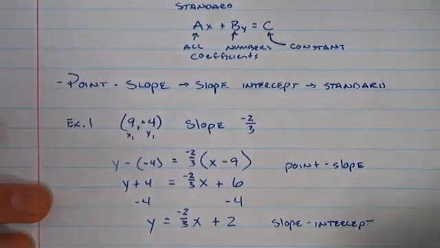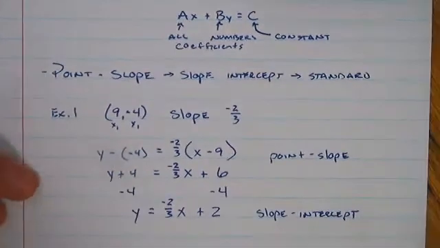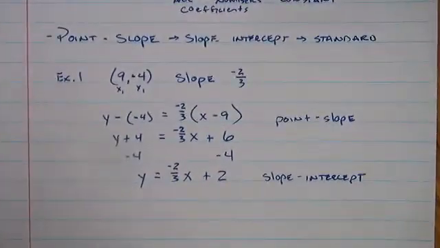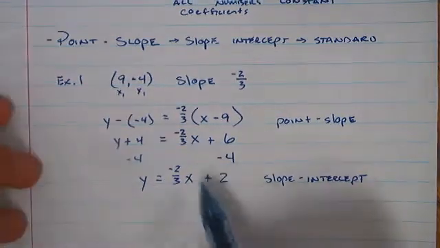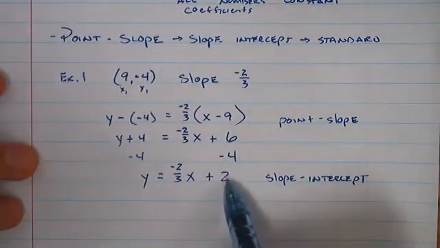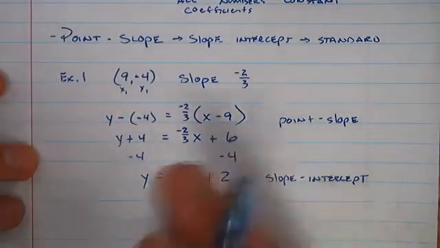Now we just need to get it over to standard form. And so our standard form is going to come from keeping the constant on the right side here. So this 2 needs to stay on the right.